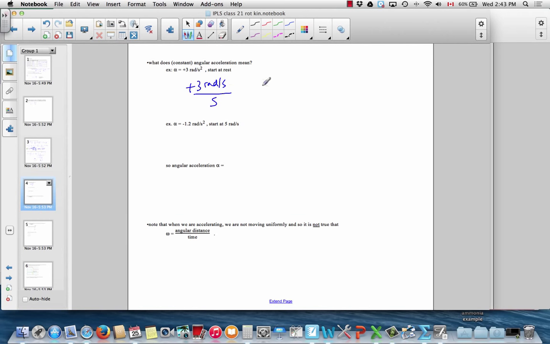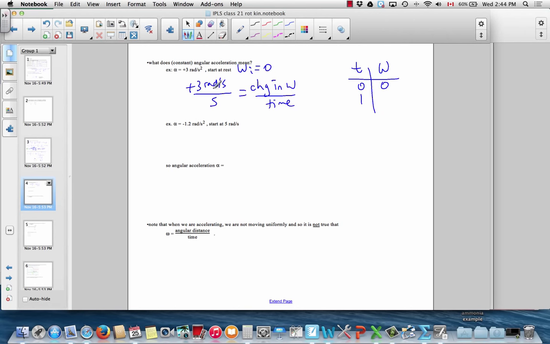So what does this mean? Well, it is the change in angular velocity over the time. So this means if you're starting at rest, that means your initial velocity is 0, right? And so we could represent this as a chart, right? So you're starting at rest.